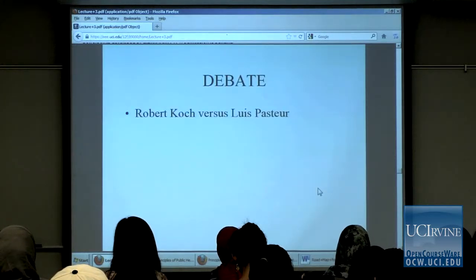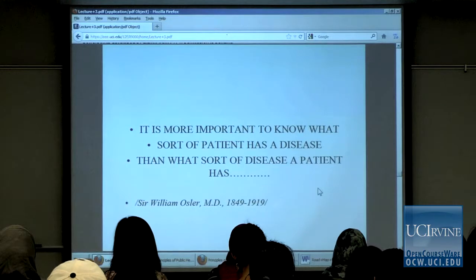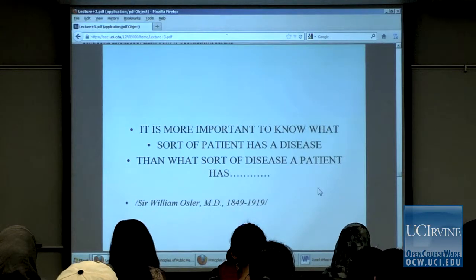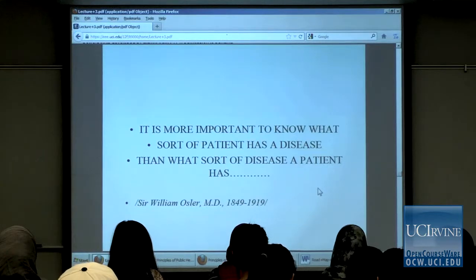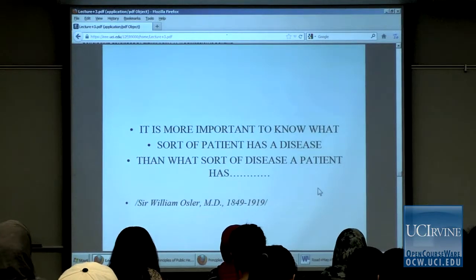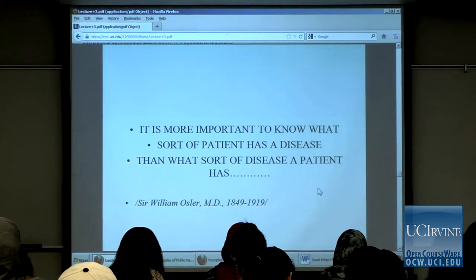I already talked about this one. You probably remember that in the beginning, the first week probably, I mentioned to you this very important wisdom: it is more important to know what sort of patient has a disease than what sort of disease a patient has. So please remember that. This is very, very important.